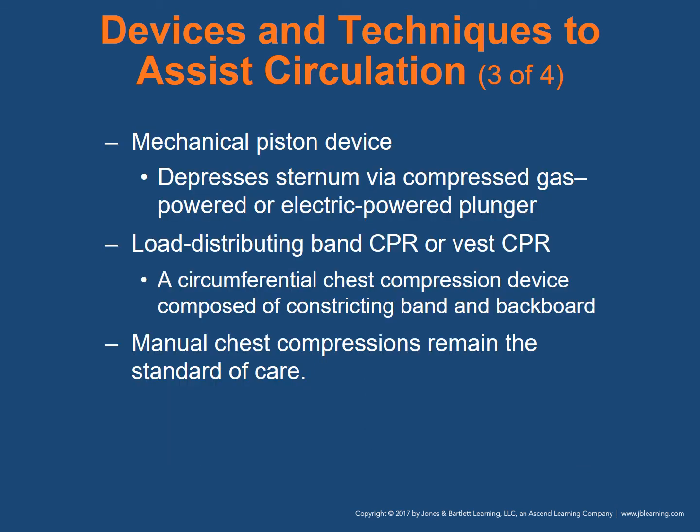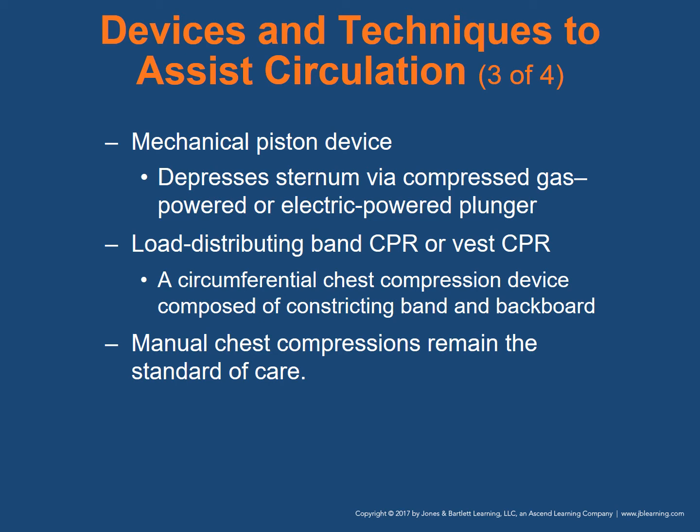The mechanical piston device, a lot of people are going for this device. One of the most popular models is called the Lucas device. And what it is, you can see a picture of in your book, by the way, it's a piston device that's run on compressed gas or electricity that fits a plunger right in the middle of the sternum and actually compresses the chest for you, and you can set the rate, you can set the depth of compression. So it's basically a set it and forget it.